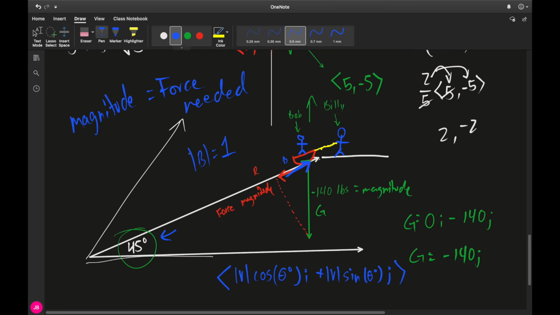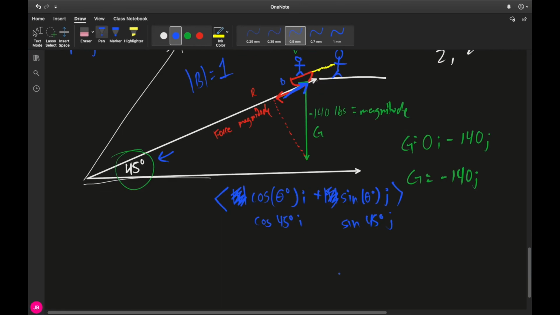Now the cool thing about this is because it's a unit vector, we can actually get rid of that magnitude because that's just going to be 1. So we have the cosine of 45 degrees times i and the sine of 45 degrees times j. Now if you know your unit circle, you know what the cosine of 45 degrees and the sine of 45 degrees are. The cosine of 45 degrees is square root of 2 over 2, and the sine of 45 degrees is also square root of 2 over 2. So we have square root of 2 over 2 i and square root of 2 over 2 j.